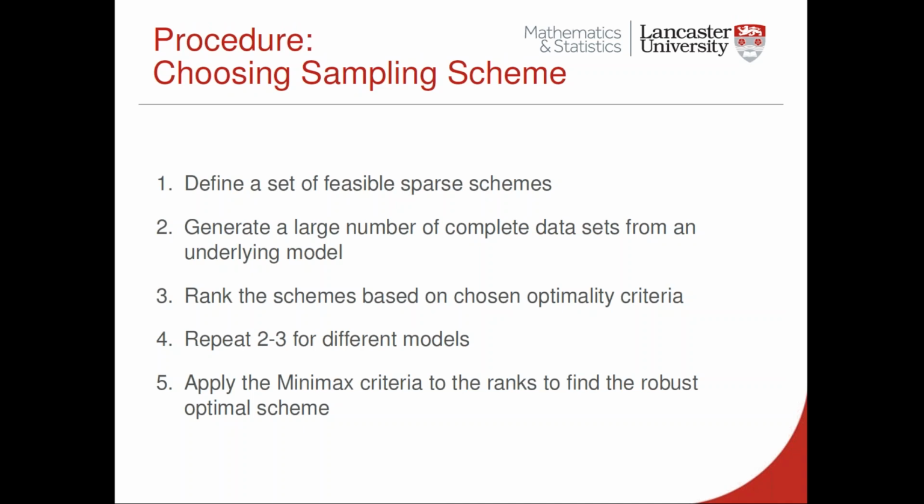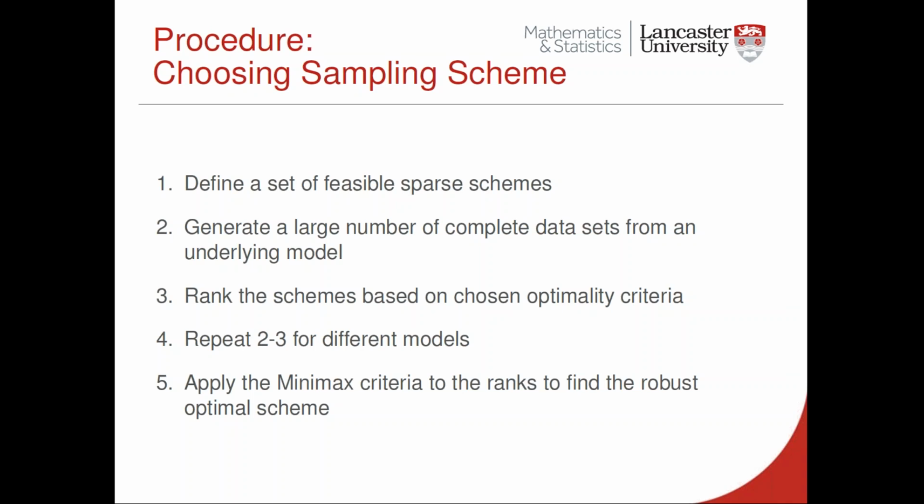In the second stage, we're asking ourselves the question, given a prefixed number of animals and a prefixed number of times we can sample the animals, how shall we decide when to sample which animal? The first step in the procedure or the algorithm is we define a set of feasible sparse schemes.